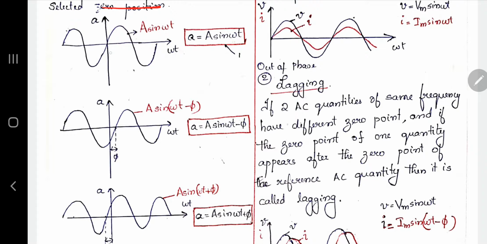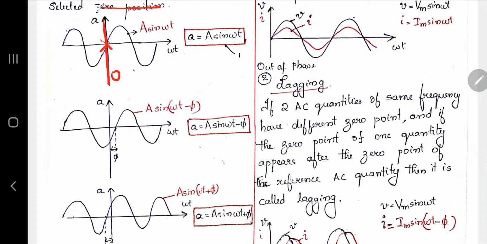Let us go through the first one. You can see this is the reference axis or the selected zero position. How much the AC quantity has advanced from the zero position is known as the phase. So here you can see the AC quantity has already started from the zero position itself, so there is no advancement or lagging behind.